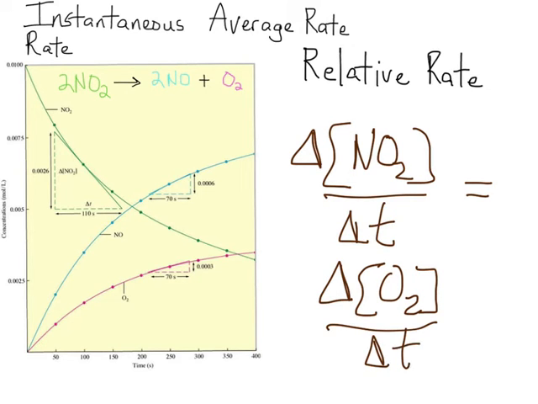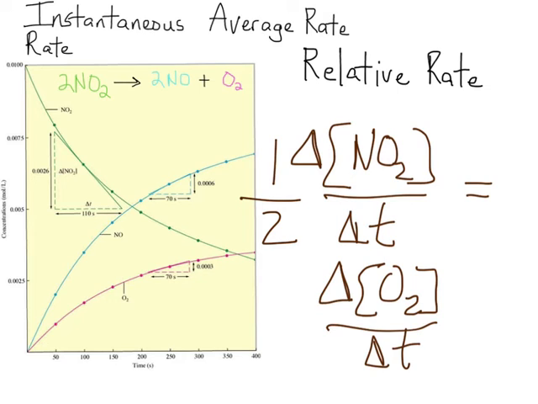So change in concentration of O2 over time. So if you look at the stoichiometry here, every time I consume 2 moles of NO2, I generate 1 mole of O2. So the question is, how do I equate these statements? Because right now they're not equal. Well, the way I equate them is I'm going to need to take my average rate of NO2 and cut it in half. Okay, put a fraction of 1/2 in front of it.